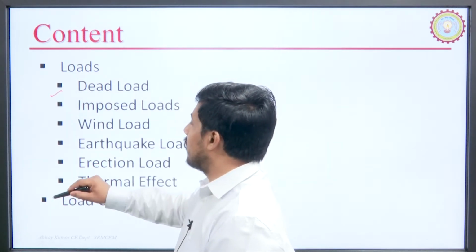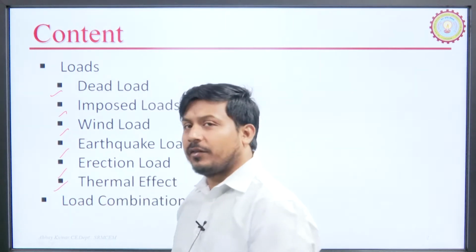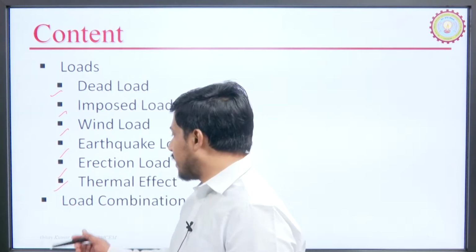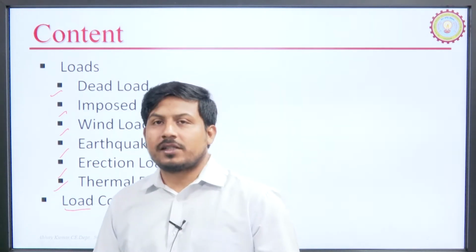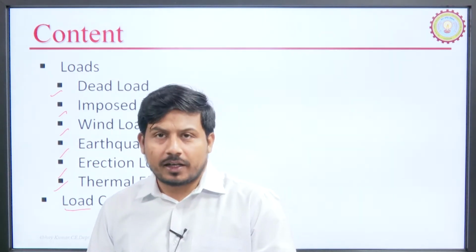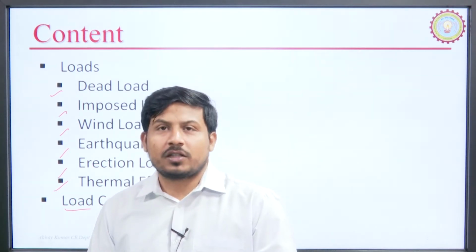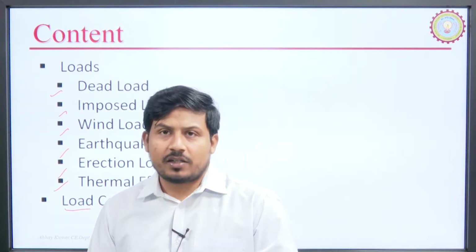We will discuss dead load, imposed load, wind load, earthquake load, erection load and thermal effects in the loads category. Then in the later part of this lecture, we will talk about the various load combinations which we should consider for the designing of any steel structure.